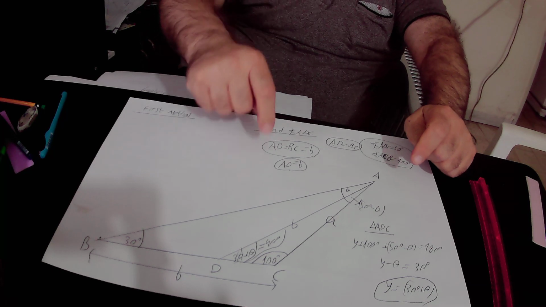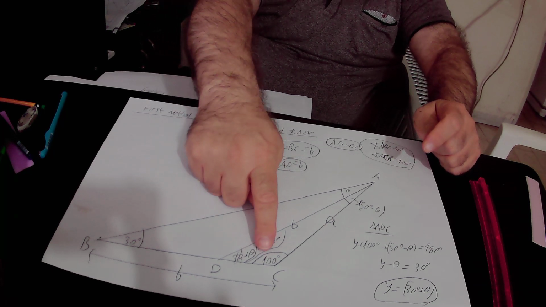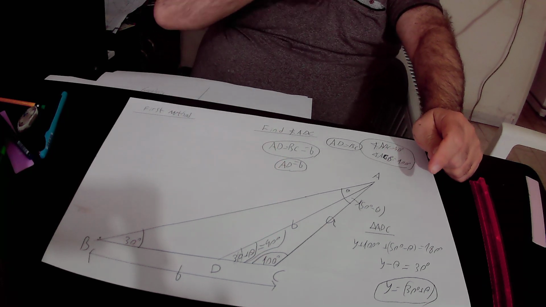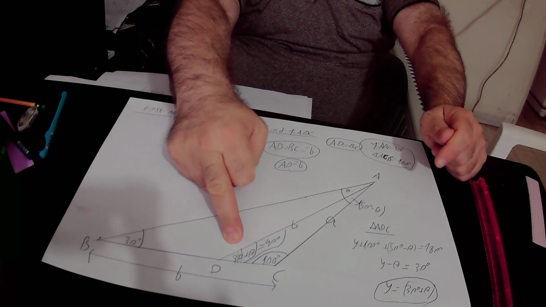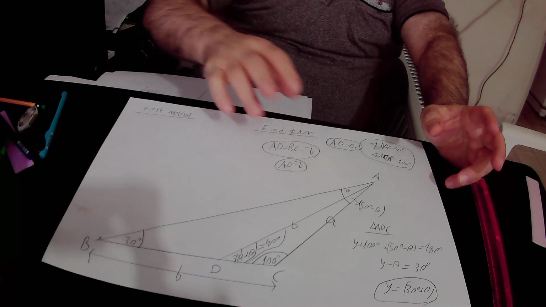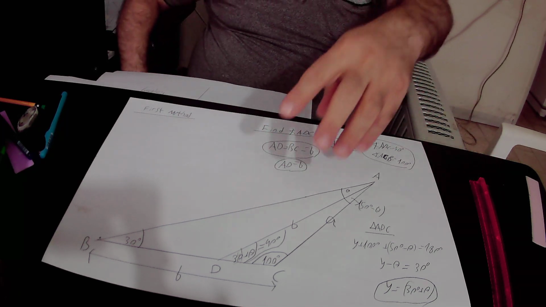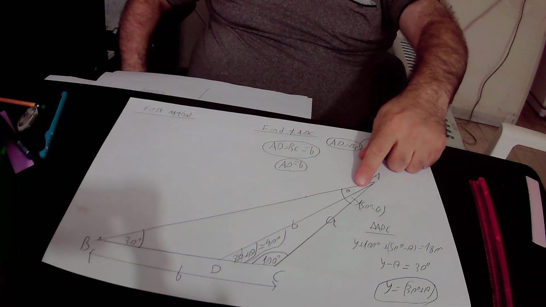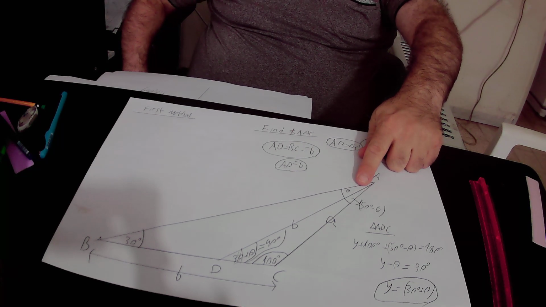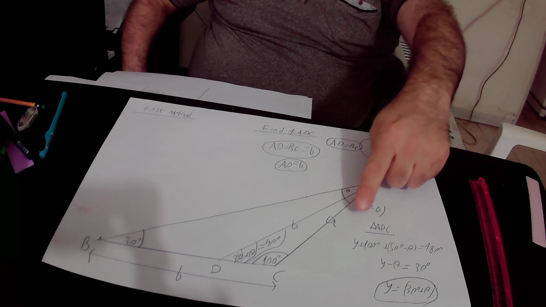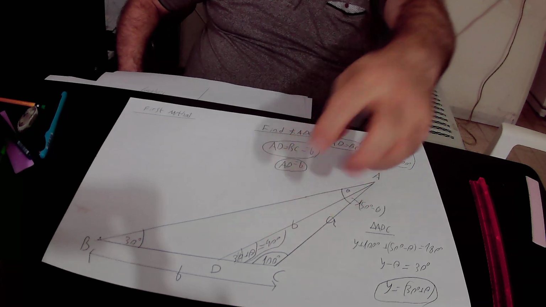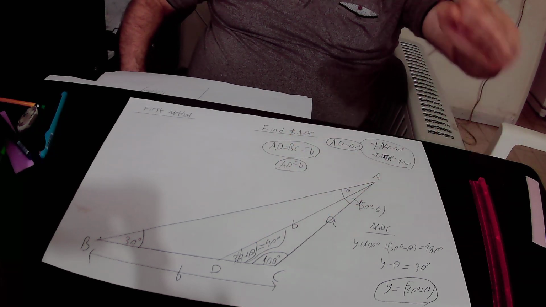This angle equals 100 degrees. It is given in the question. And this angle is missing, so we defined it as angle Y. And we know that the sum of the angles in triangle ADC must be equal to 180 degrees. So 50 degrees minus theta plus 100 degrees plus angle Y, the missing angle, must be equal in total to 180 degrees.